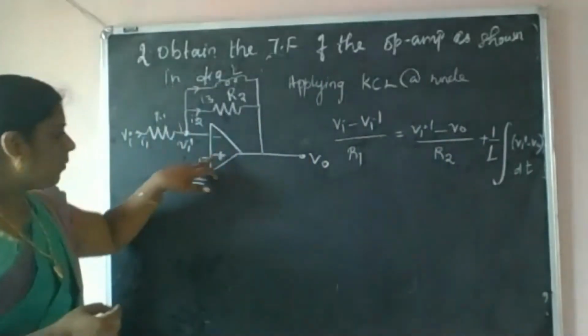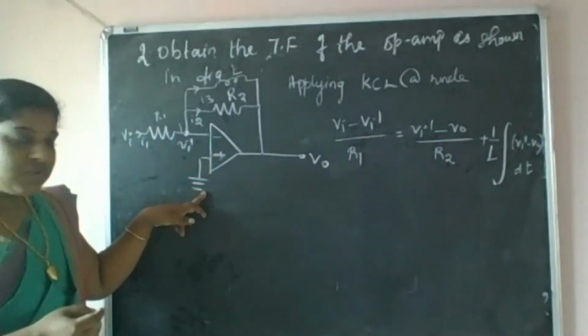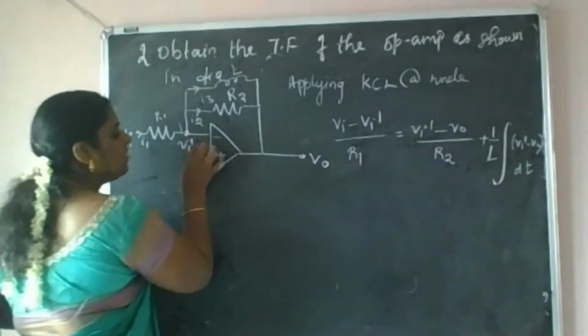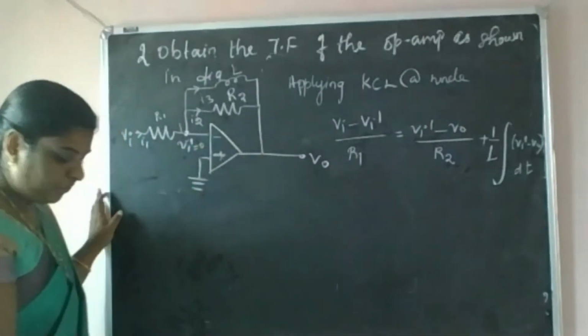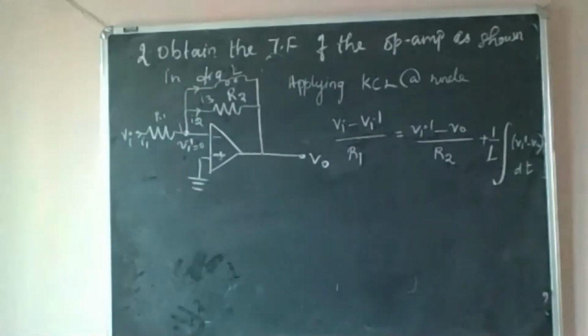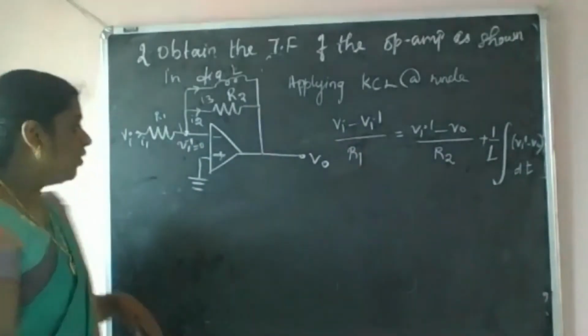Now we know the positive terminal is connected to the virtual ground, so the value of Vi dash will be equal to 0.